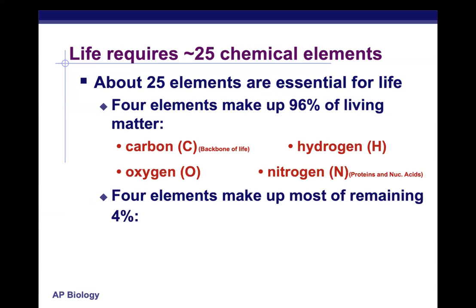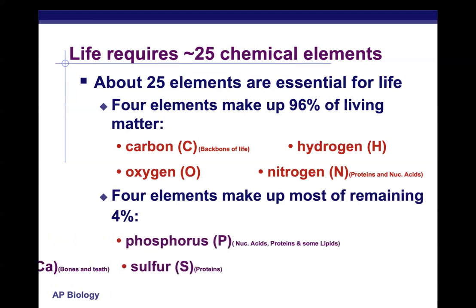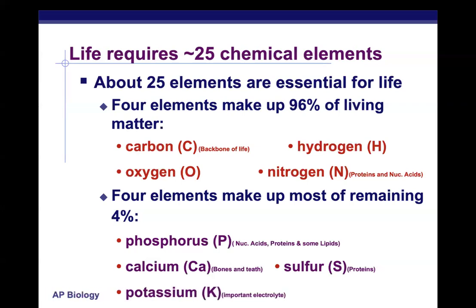And then four elements make up most of the remaining 4%, and that's phosphorus, calcium, sulfur, and potassium. So out of the 25, right, eight of them make up about 99%. Eight of the 25 make up 99% of living things.